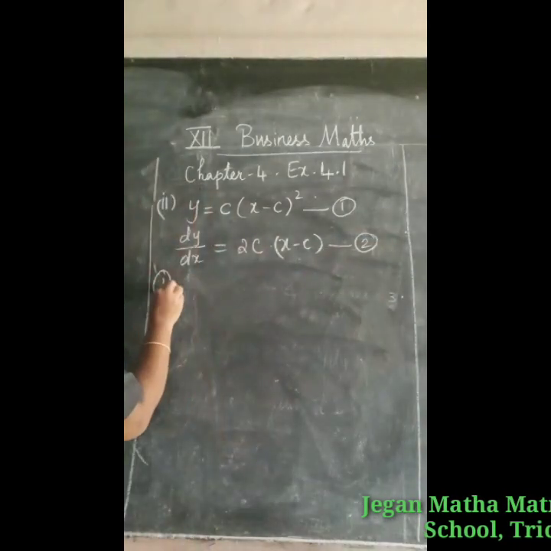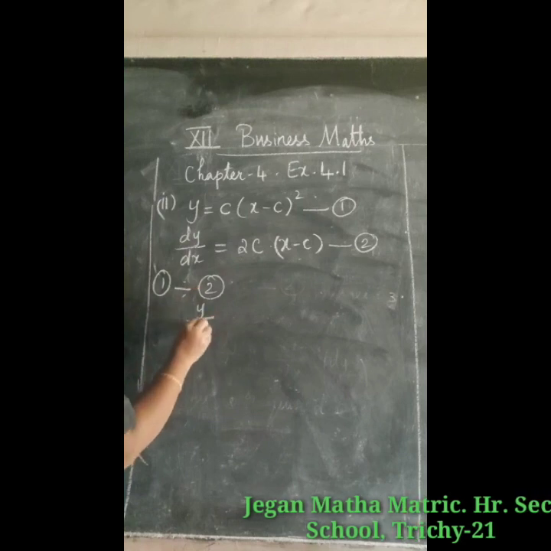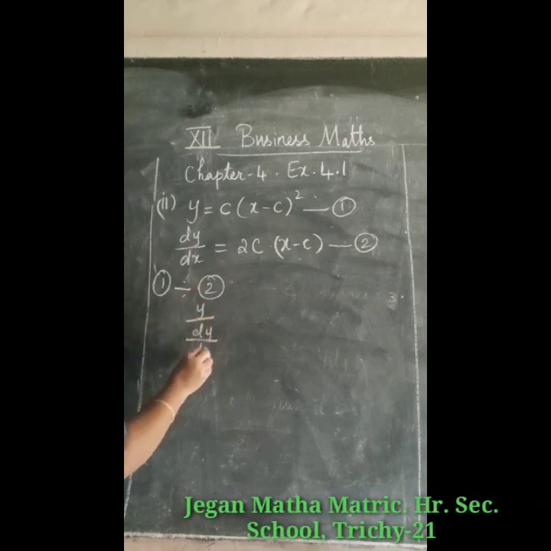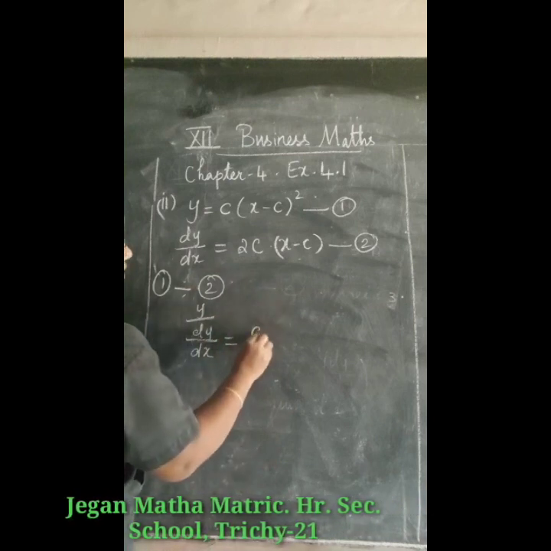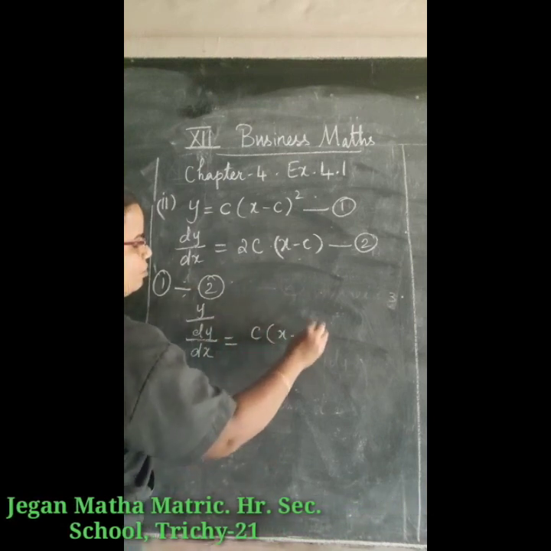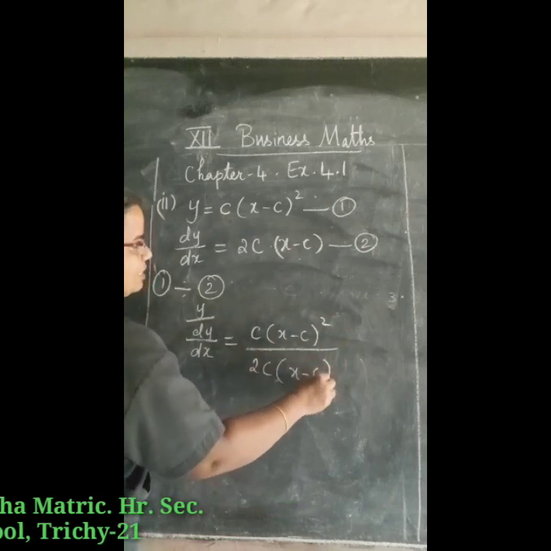Now divide 1 by 2. We will get y divided by dy by dx is equal to c into x minus c the whole square divided by 2c into x minus c.